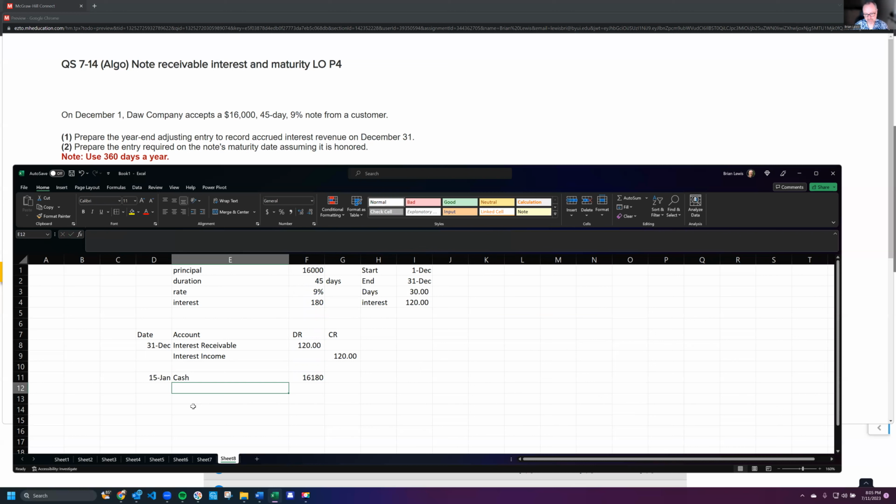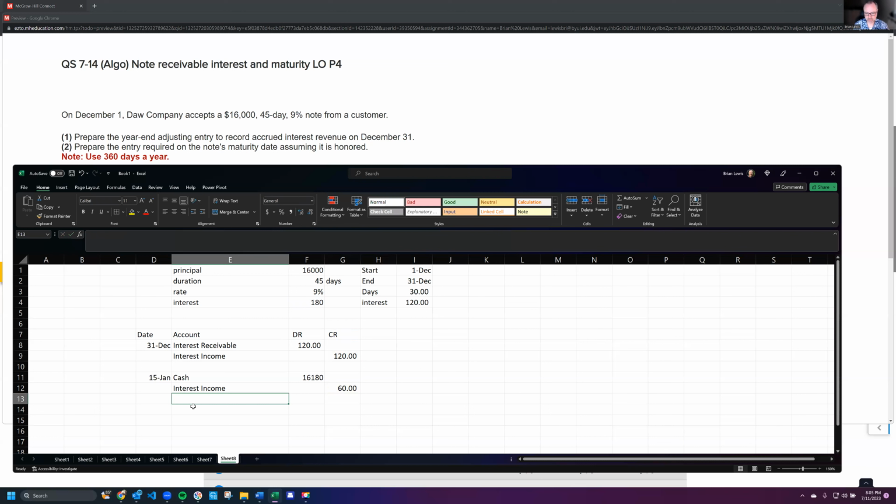We're going to have interest income, and that's going to be the difference between the interest income and total, minus the interest income we've already recorded.